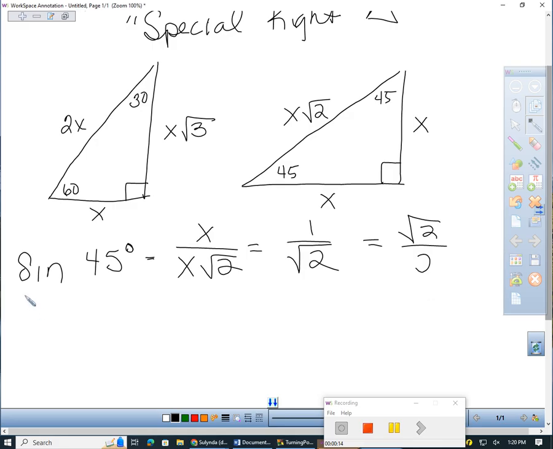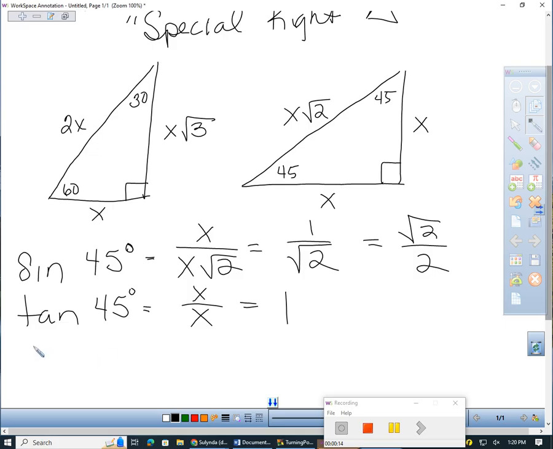If I was doing the tangent of 45 degrees, from 45, it's opposite over adjacent. So no matter what, the tangent of 45 is always what? 1, no matter what. Okay?